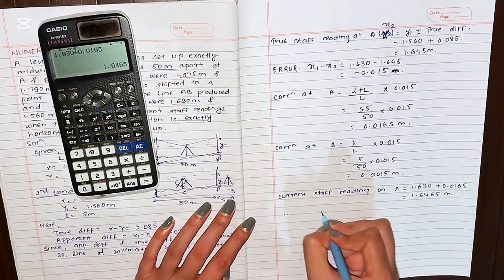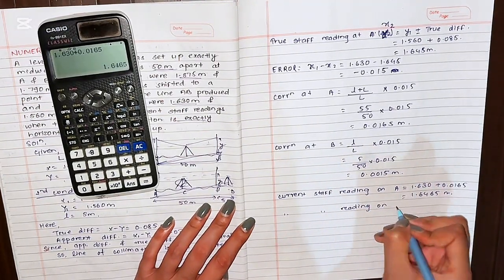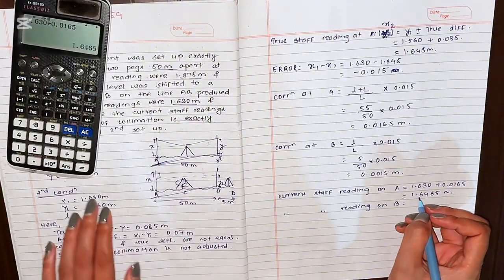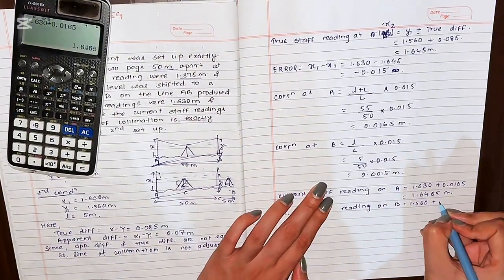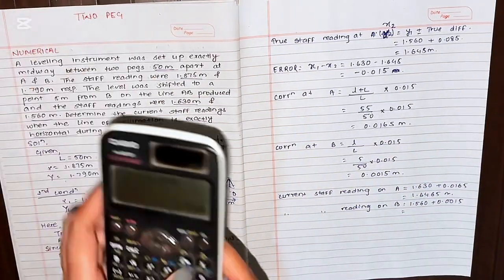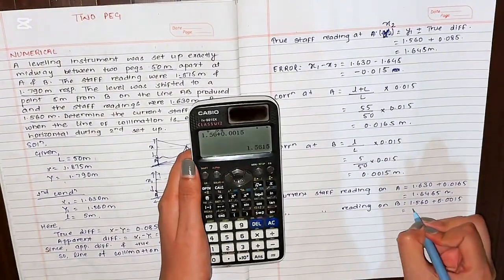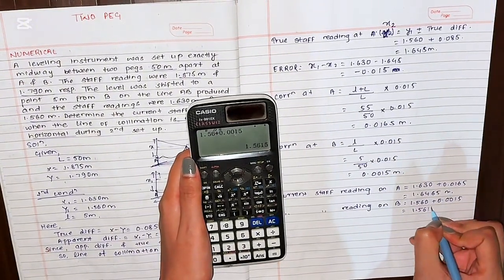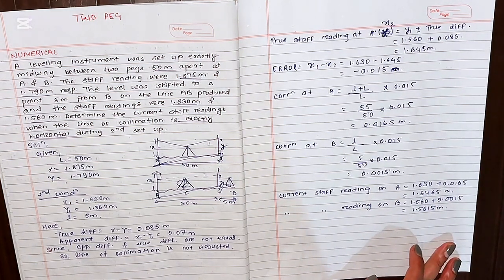And correct staff reading on B will be equal to Y1, that is 1.560 plus correction at B, that is 0.0015, which is equal to 1.5615 meter. So this is all for today's video.